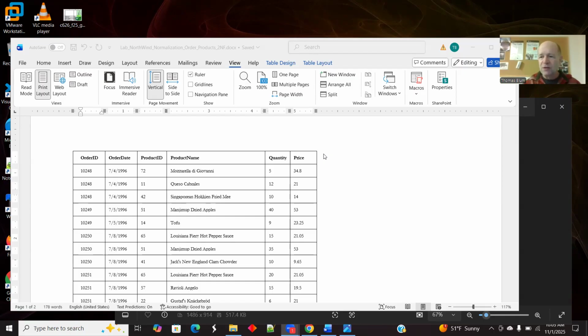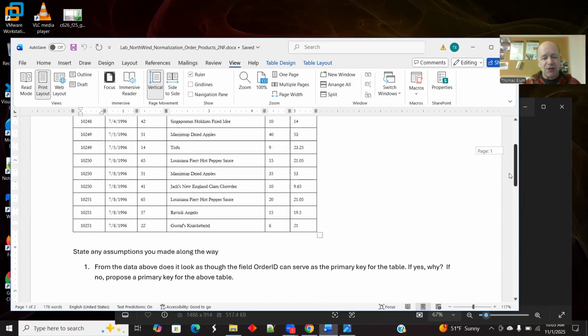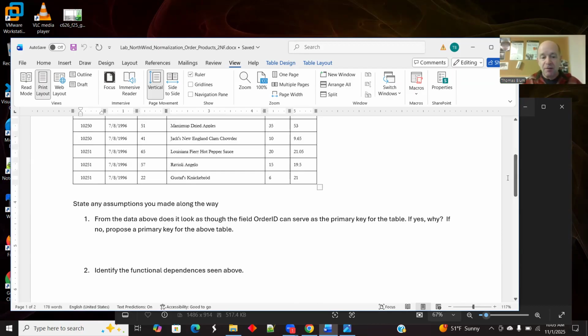That was the result of some query, and we want to reverse engineer and get the table out of it.